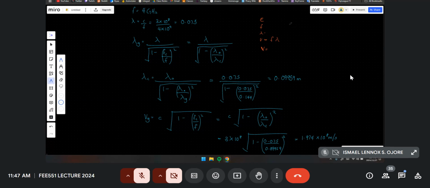From my understanding of the English in the question, I'm of the opinion that it's the wavelength of the wave that is 11.4, not the guide's wavelength.